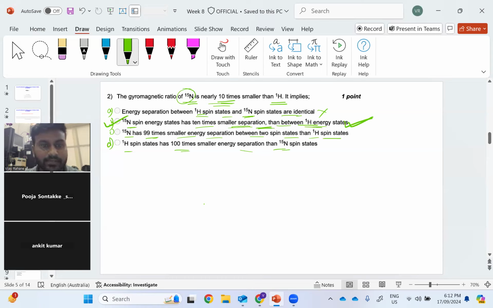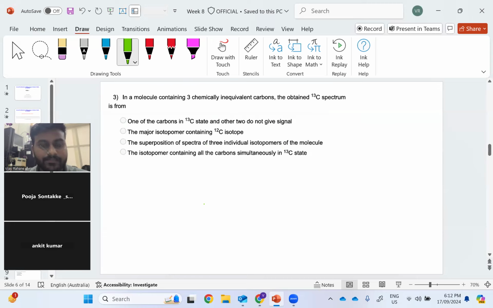There is no relation in terms of 99 times smaller or 100 times smaller energy separation. So option B is the correct option.